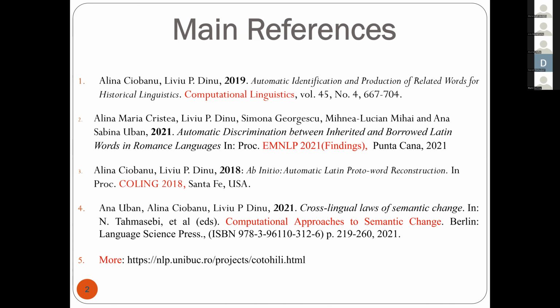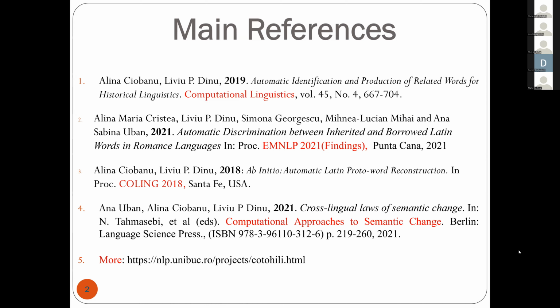Some of the main references for this talk are listed here. There are a few works that appeared in the Computational Linguistics journal, a recent one from EMNLP last year, and the automatic Latin proto-word reconstruction paper which we published 3 years ago.